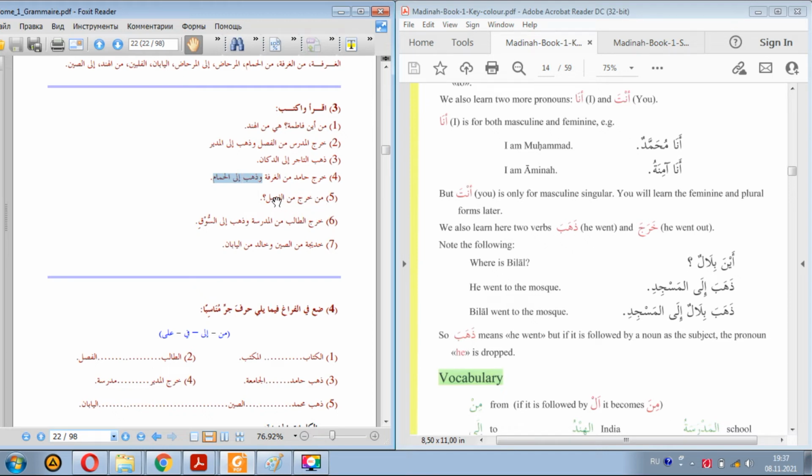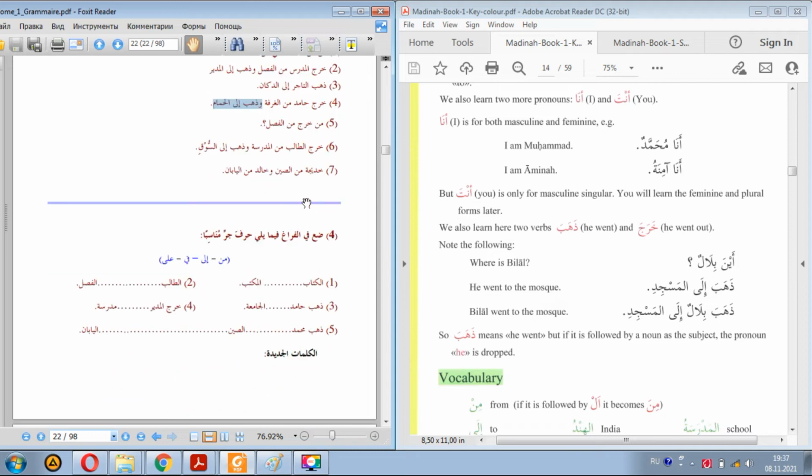من خرج من الفصل? Who went out from the class? خرج الطالب من المدرسة وذهب إلى السوق. The student went out from the school and went to السوق.